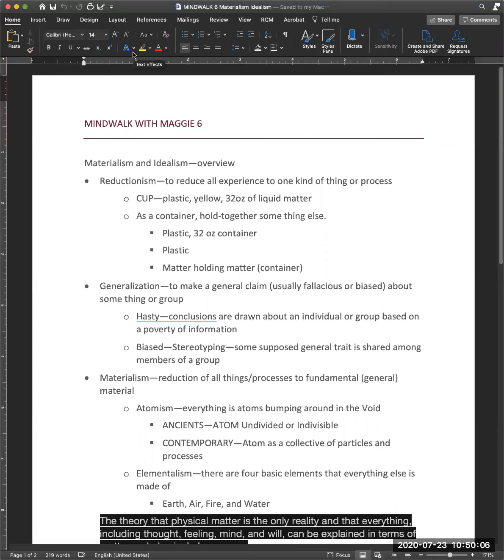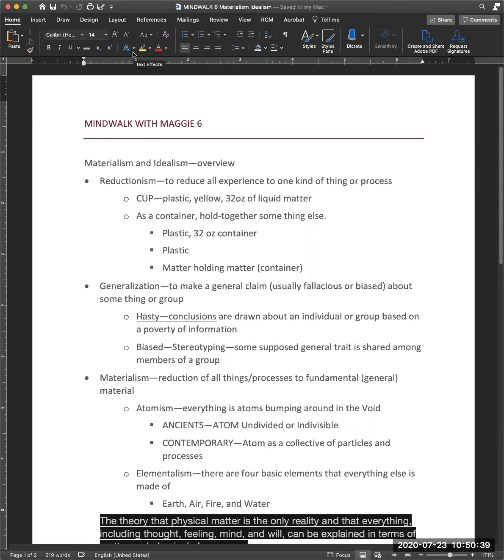First, just to give a general reminder of what happened in the last mind walk, I talked mostly about reductionism and generalizations as analytical tools. The analytical tool of reduction is to set aside what's unnecessary for any object or phenomenon to be experienced, and generalization is an analytical tool by which we create categories and find general trends that we can follow.